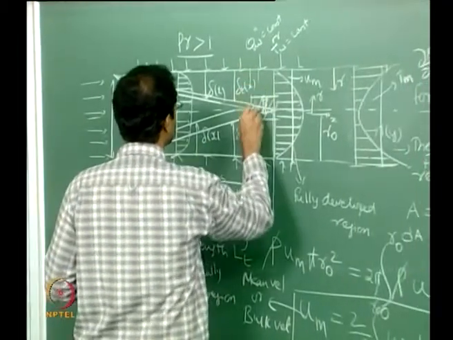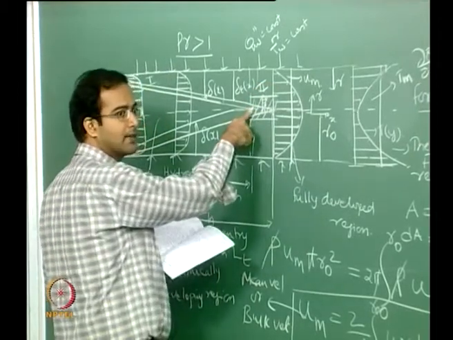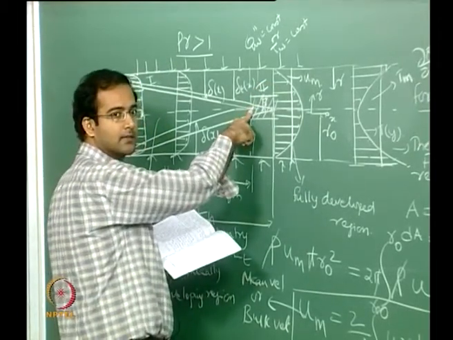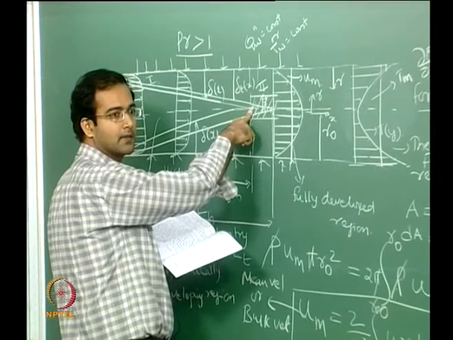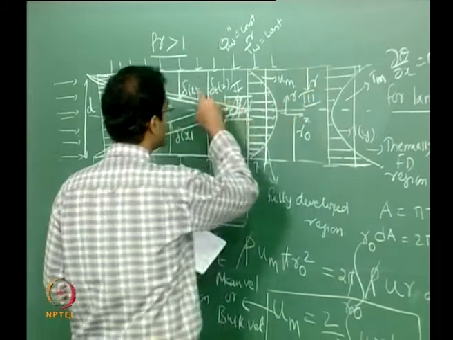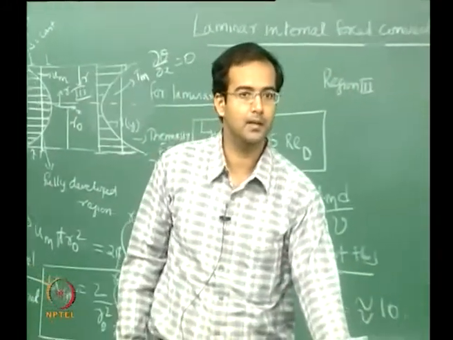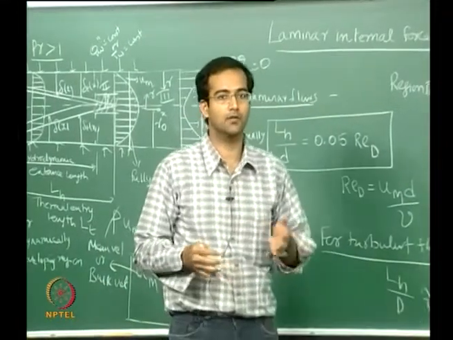This is your region 2, where your velocity has hydrodynamically developed, but your thermal development is still underway. Now this is your region 3, where both the boundary layers have merged and both the hydrodynamic and thermal boundary layers are fully developed.